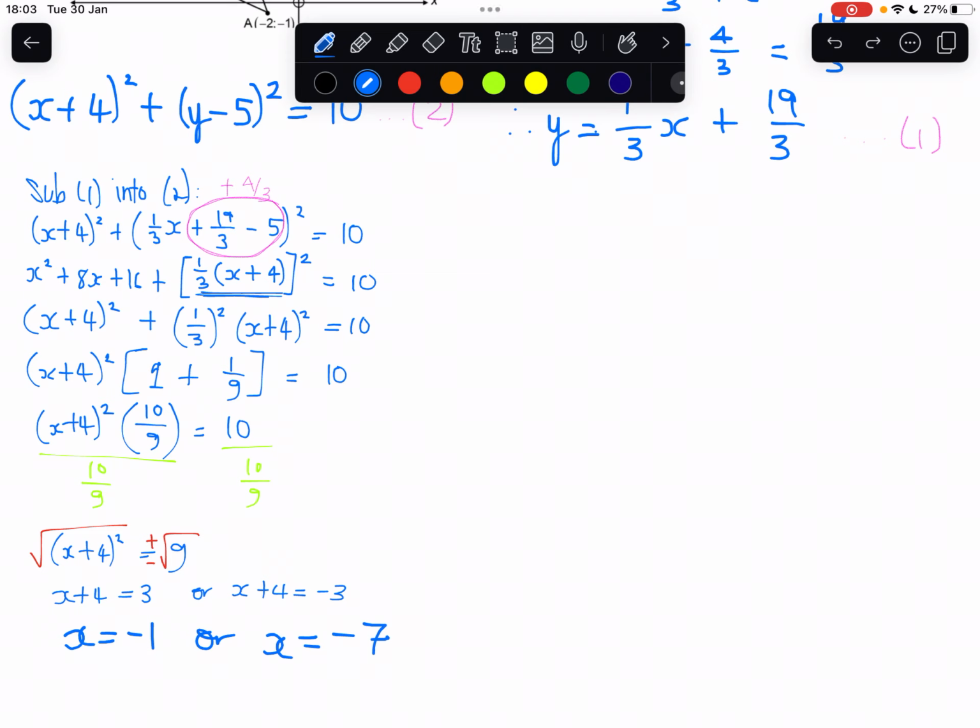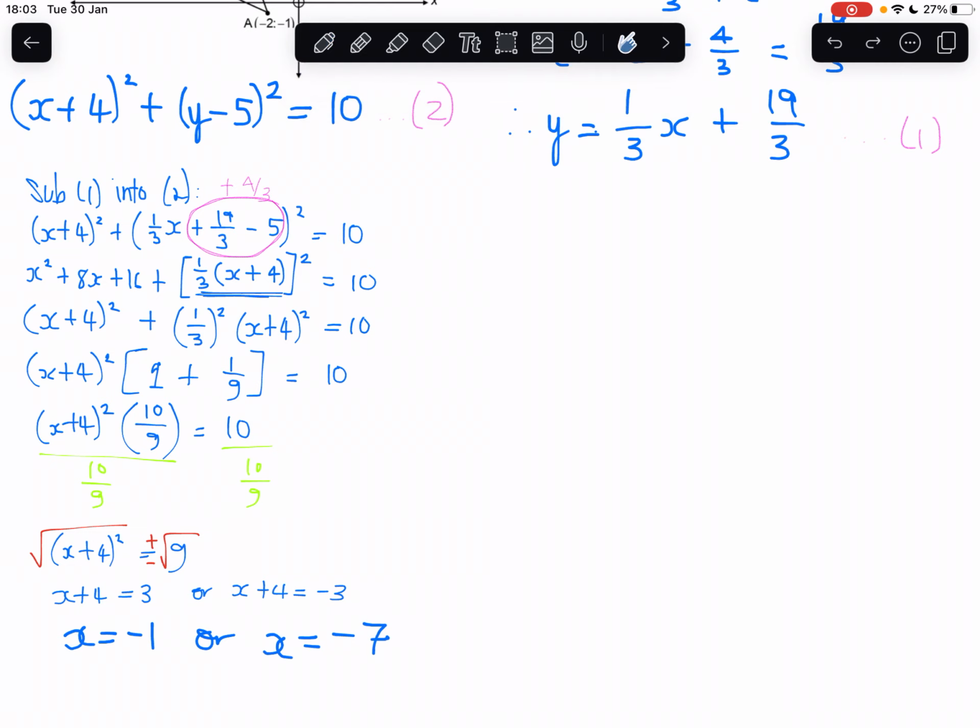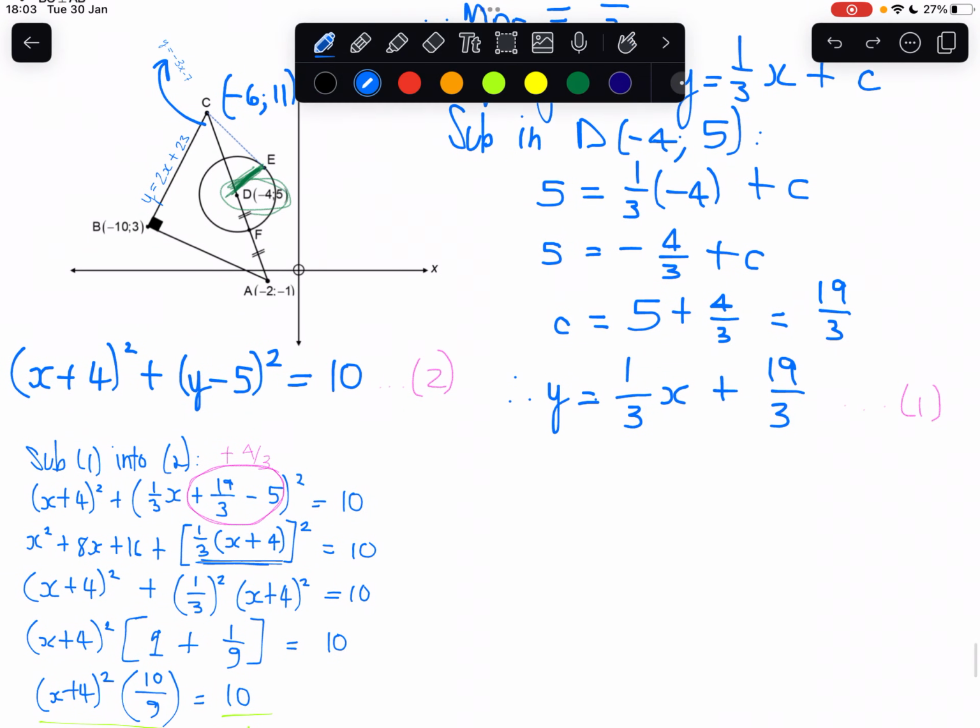We need to reason about which of the two x's belong to E. Because we know that E is on the right of the point D, it's not on this side, it's on this side. So we know that the x coordinate of E must be bigger than negative 4.